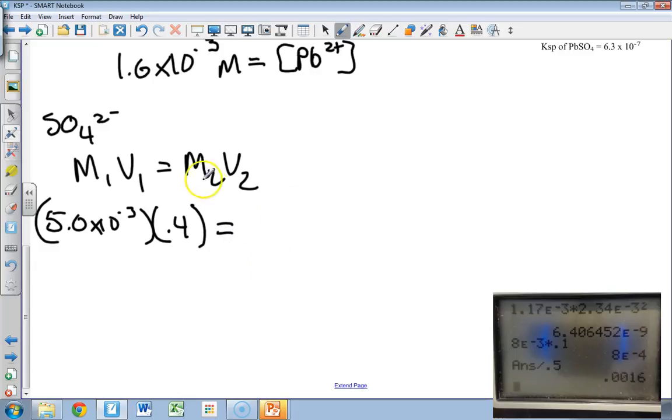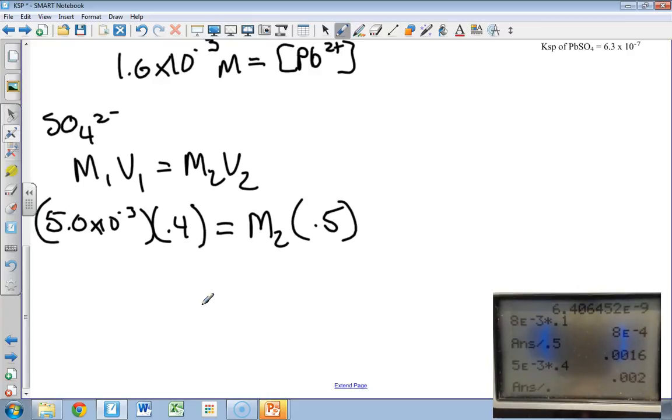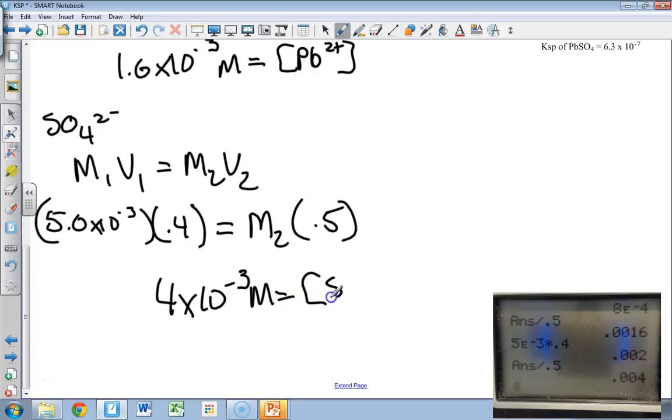And that equals your new molarity, M2, times the new volume, 0.5. So 5 times 10 to the minus 3 times 0.4 divided by 0.5, right? And so that's going to equal 4 times 10 to the minus 3 molar, which is the concentration of SO4 2 minus.